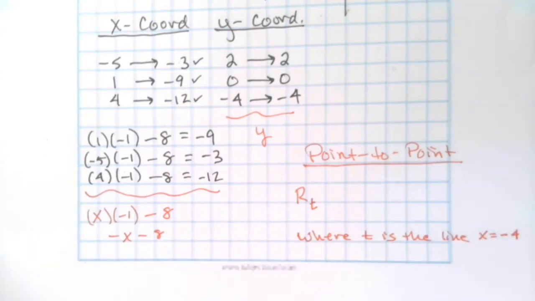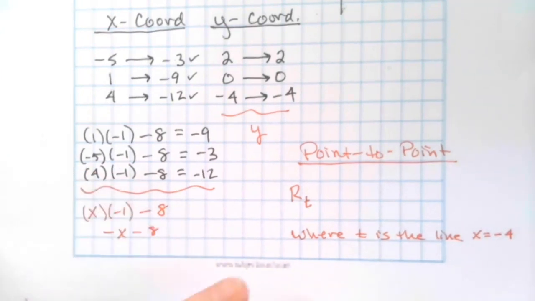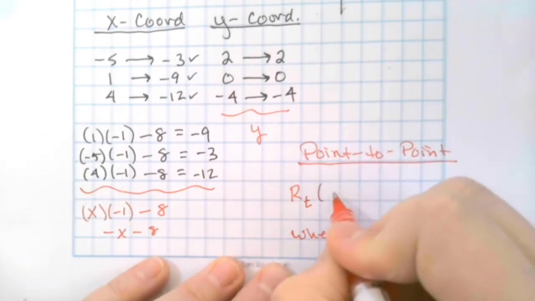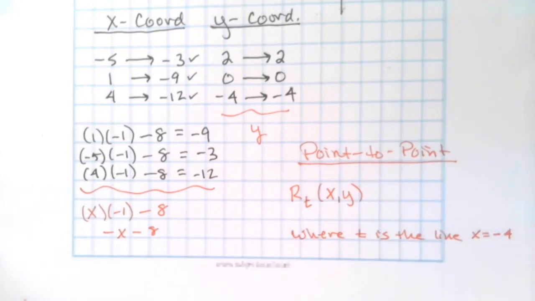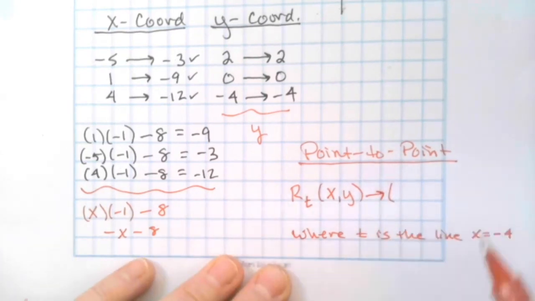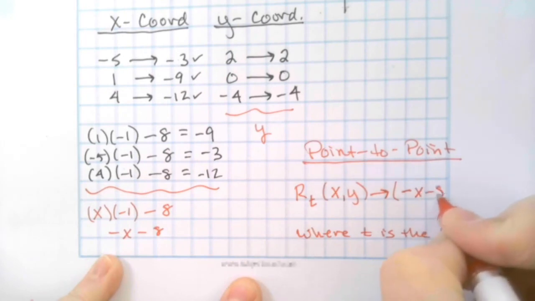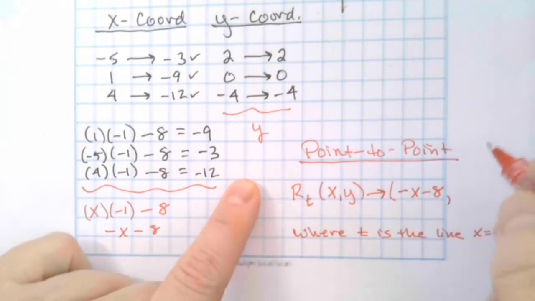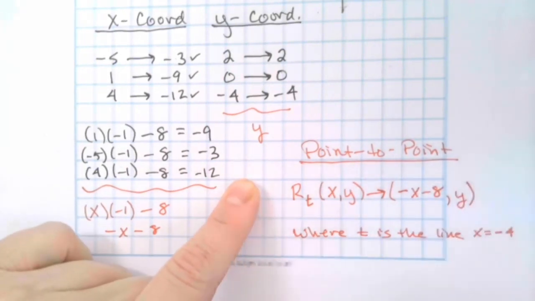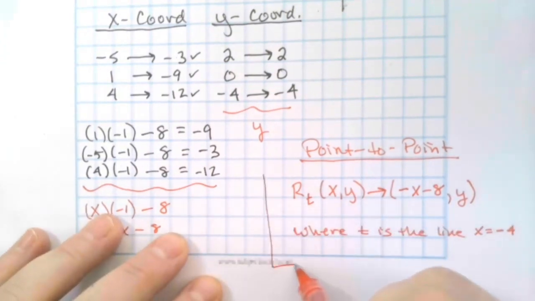So you kind of have to look at the key or look at the example to figure out, do they want you to put the line in there or the T in there? It just depends. So we're going to take every point x, y and put an arrow. And for the x, it's going to be -x minus 8. The y will stay the same. And that is your point-to-point rule.